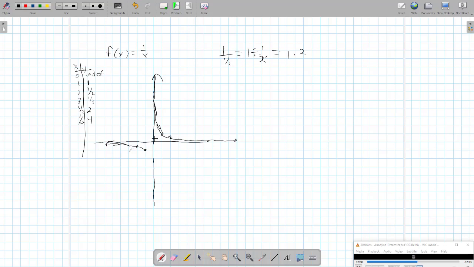And as you approach the center from the left side, -1 half, -2, some more. Does the same thing. Goes infinitely down, doesn't cross. So that's the reciprocal function.